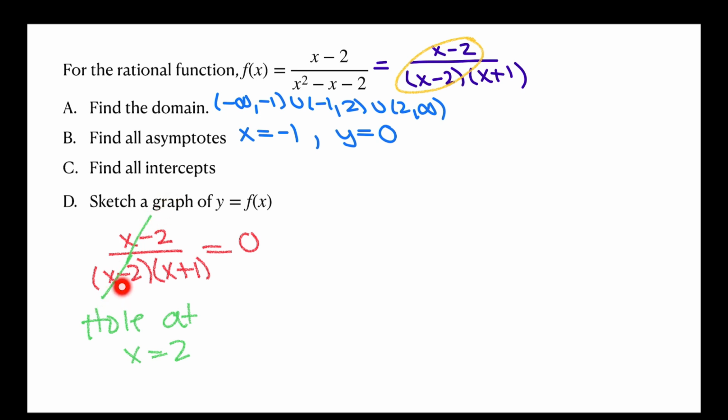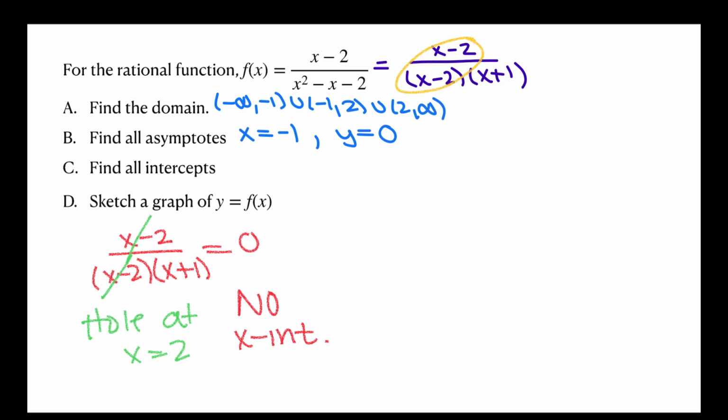We could actually, at this stage, cancel out that common factor. If we were to cancel it out, we would have a 1 left in the numerator. But basically, the only thing with an x in the numerator is part of this common factor, which represents this hole. And so there is no x-intercept.